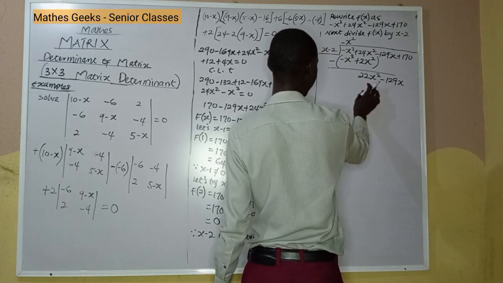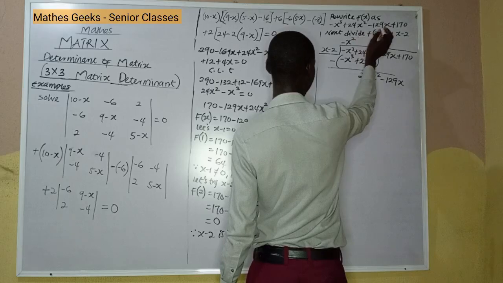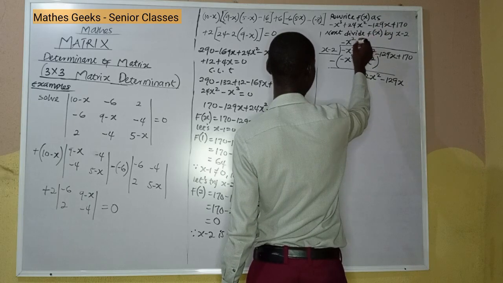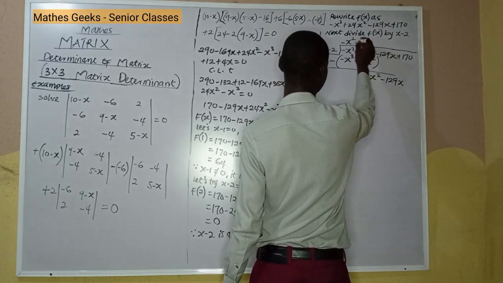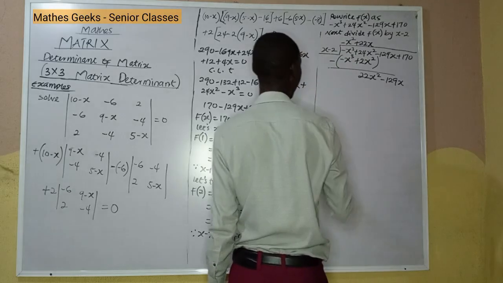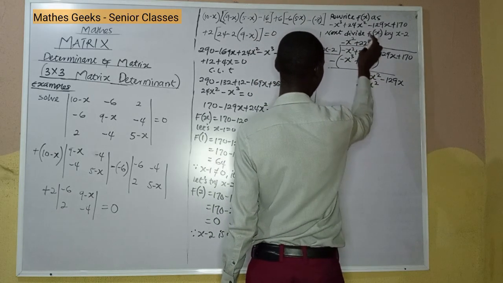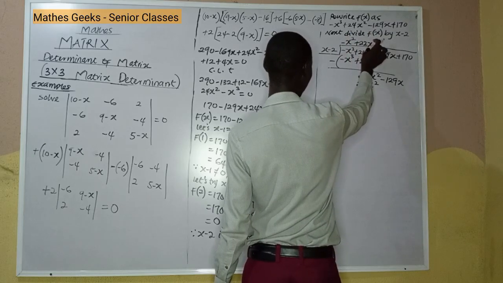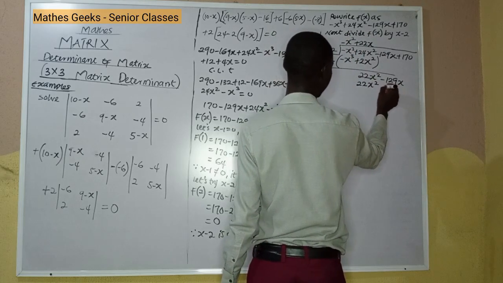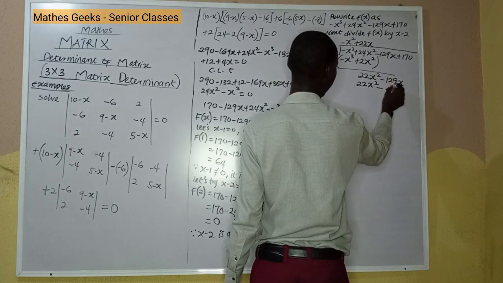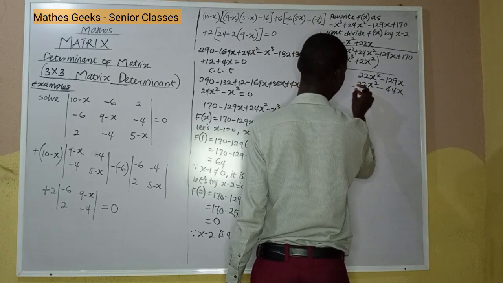x into 22x squared will give us plus 22x. Now we multiply. Plus 22x times x will give us 22x squared, plus 22x times minus 2 will give us minus 44x.